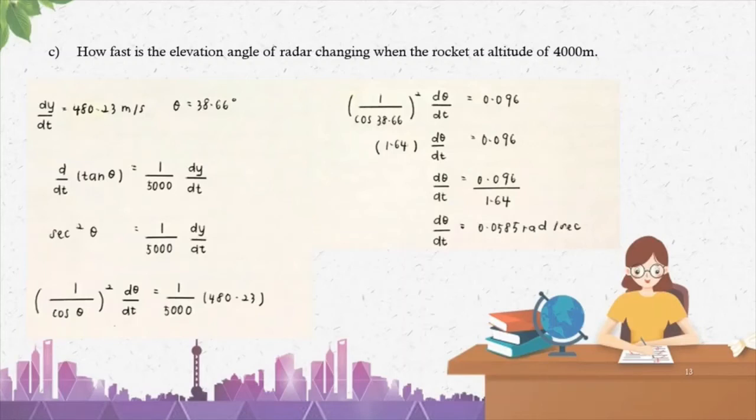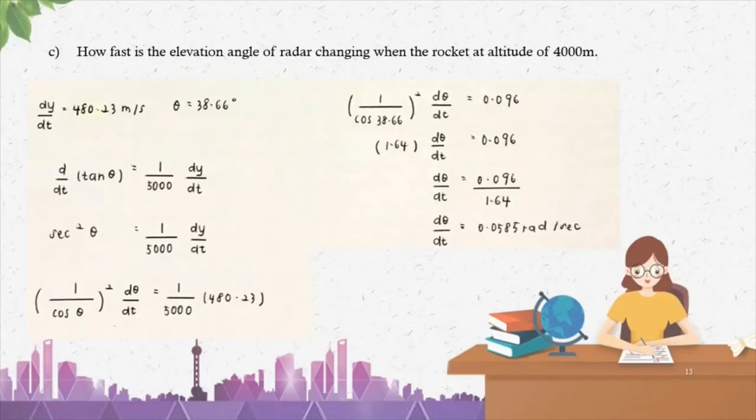For this question, we will start by differentiating tan theta is equal to 1 over x, that is 5,000, times dy over dt.